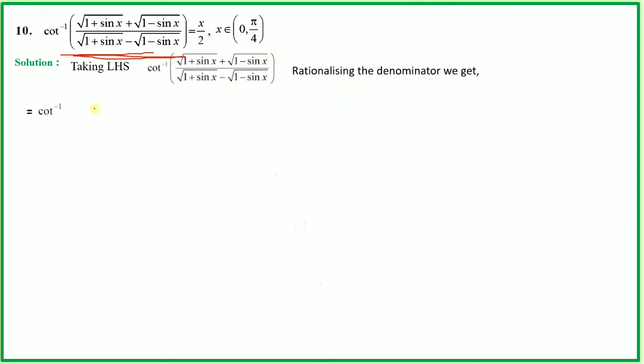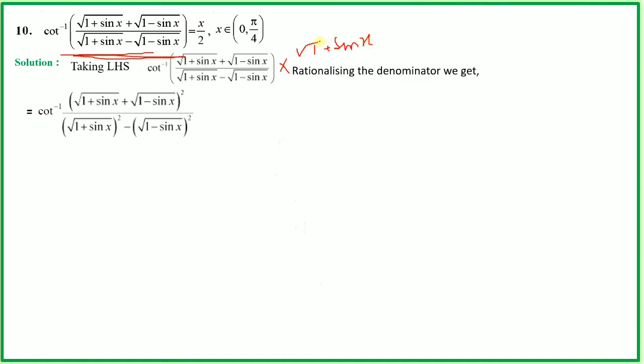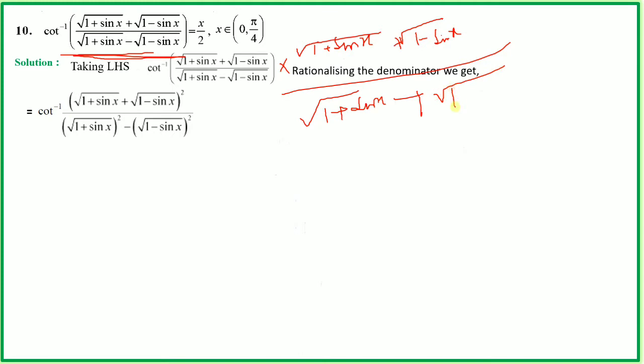So after rationalization, cot inverse, what we will have, we are going to write here, understood now? Under root 1 plus sin x plus under root 1 minus sin x. Same thing we have written in the denominator also, under root 1 plus sin x plus under root 1 minus sin x.